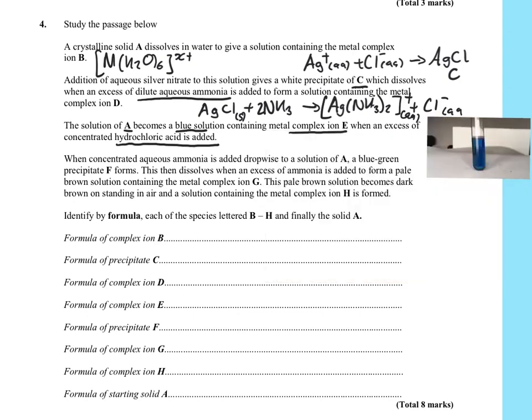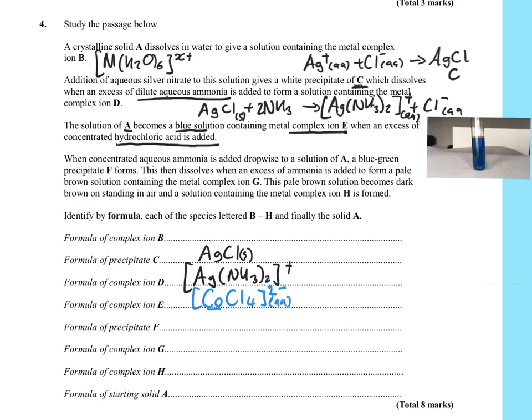So we have identified our precipitate of C, which was silver chloride solid, and we know that the formula of the complex ion D is the diamminesilver with a positive charge. We know the complex ion E is our beautiful [CoCl4]. Remember 4 chlorides usually because you can't fit 6 around. The overall charge is 2 minus because it's cobalt plus 2.